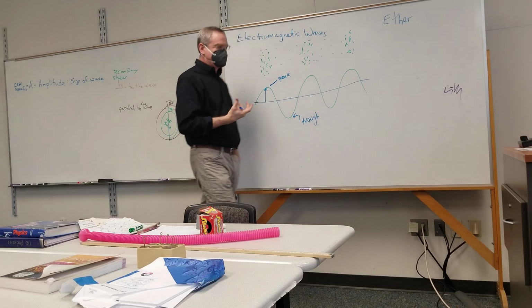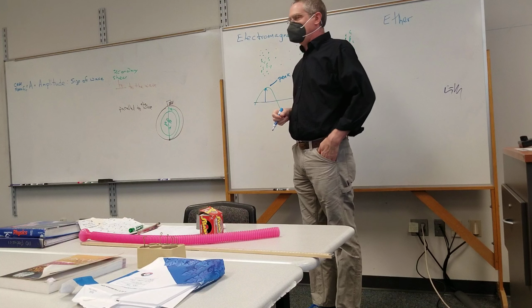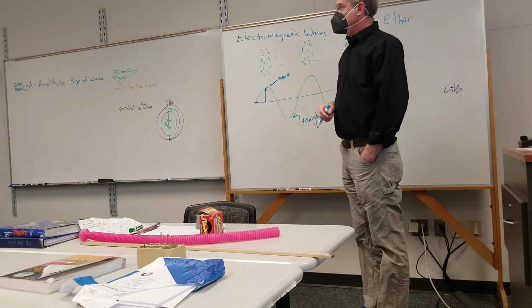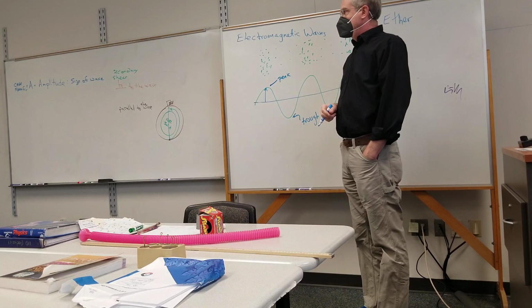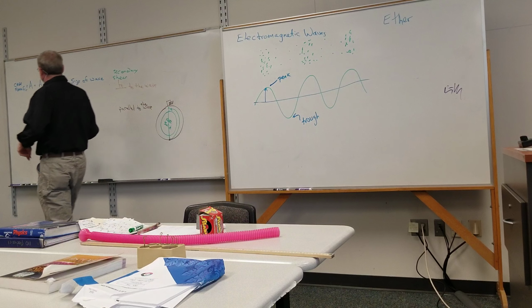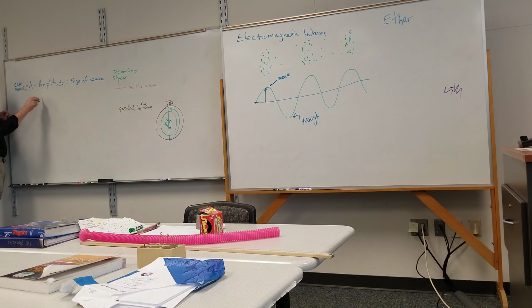Because if I'm talking about an electromagnetic wave, the amplitude might be a capital E for electric field, or a capital B. All right. Frequency. Actually, let's do period next. Period.